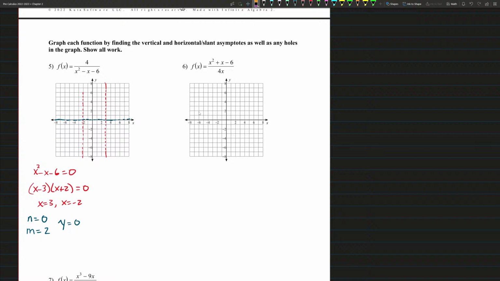I just put it on the wrong side of the dot. So x equals negative 3. When I plug in f of negative 3, we get 4 divided by 9 plus 3 minus 6, so we get 4 over 6. That's above 0, so our graph is going to look like this.